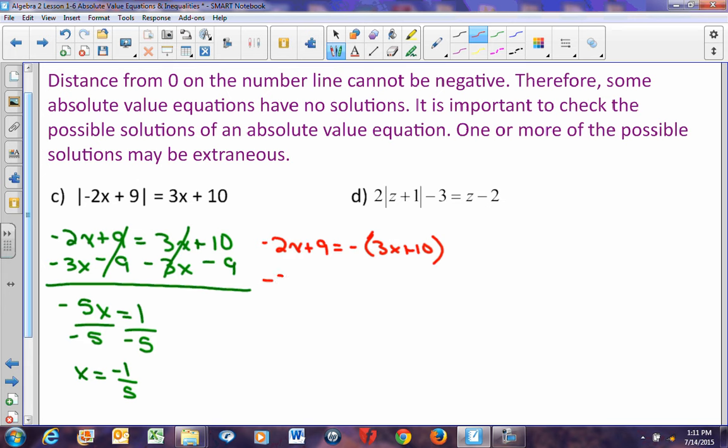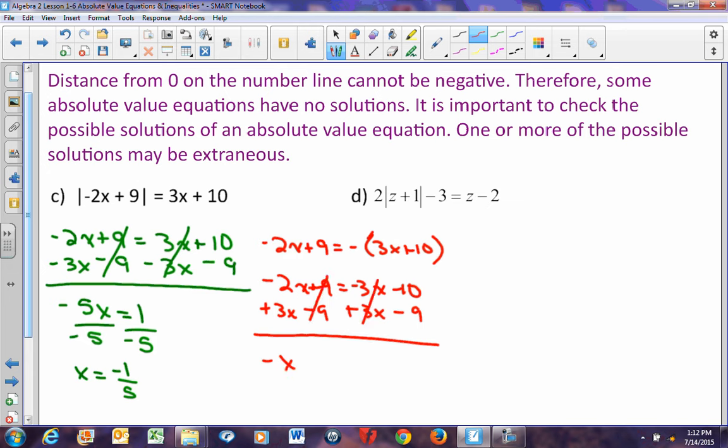Over here, negative 2x plus 9 equals negative of 3x plus 10. So I'm going to add 3x, subtract 9, subtract 9. So I'm going to get negative x equals negative 19. So x equals 19. So I have two possible solutions here.